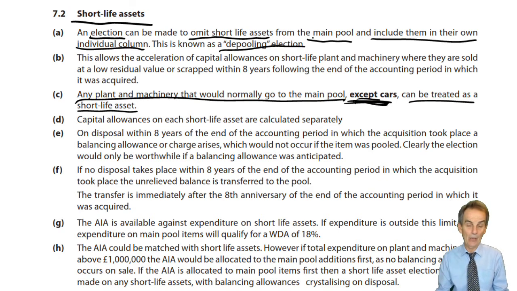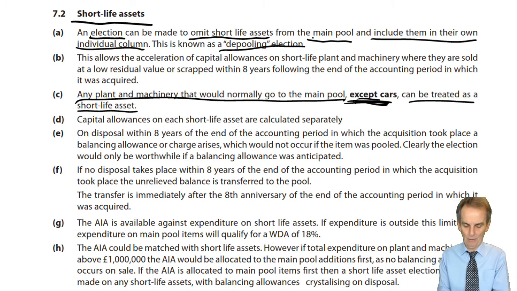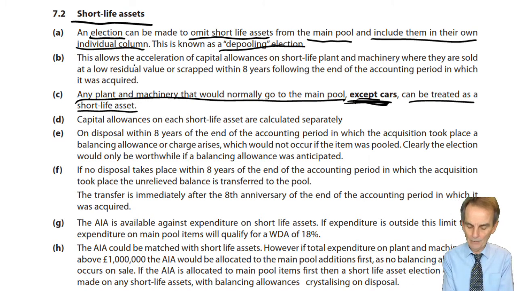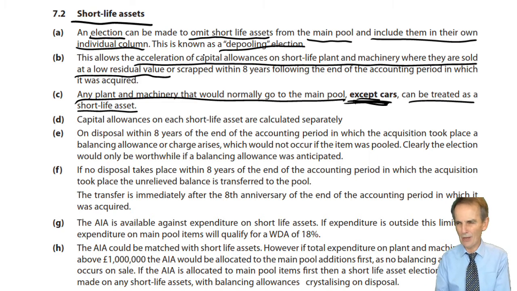Now, the idea behind it, if it's going to be valuable to the taxpayer to do this, is it would allow the acceleration of capital allowances on short life plant and machinery where they are sold at a low residual value. And we mentioned, of course, what do we mean by short life? Well, there we go.